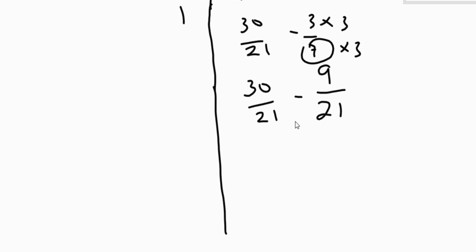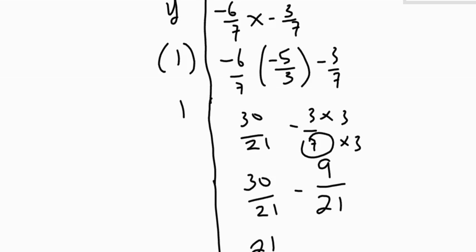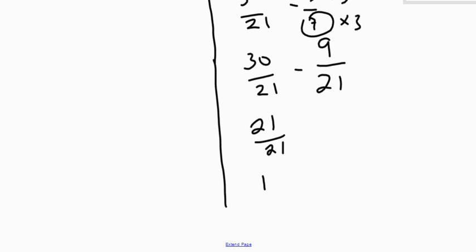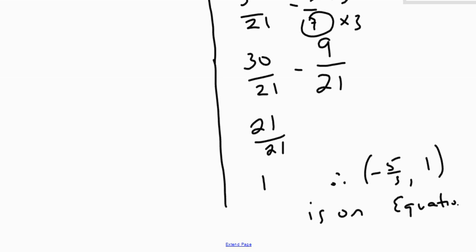And now that both denominators are 21, 30 subtract 9 is 21. And 21 divided by 21 is 1. So left side equals right side. On the left side I have a 1. On the right side I have a 1. And therefore, negative 5 over 3, comma 1 is on equation 3.